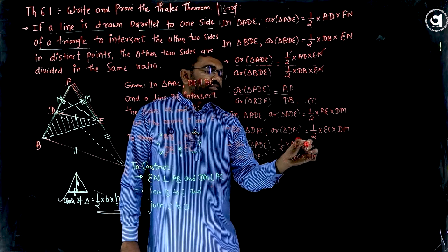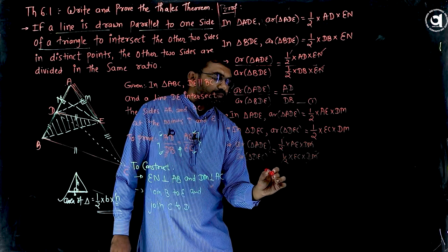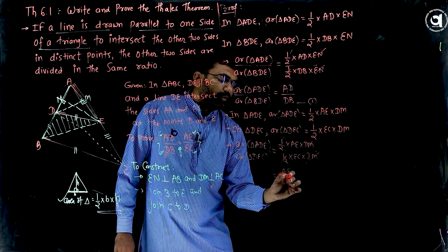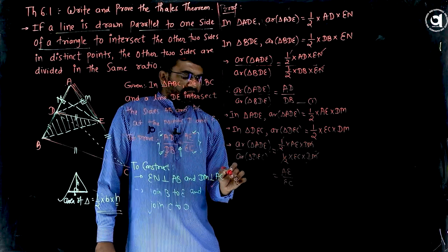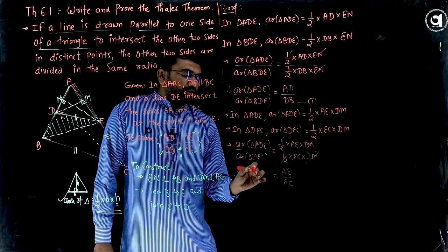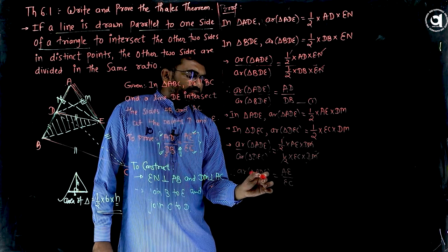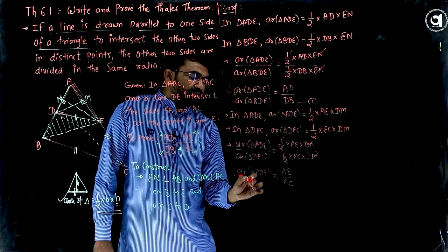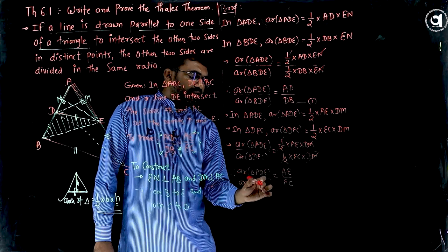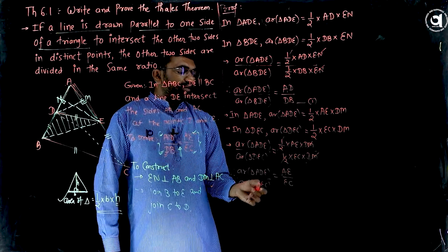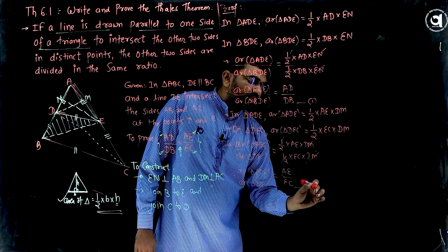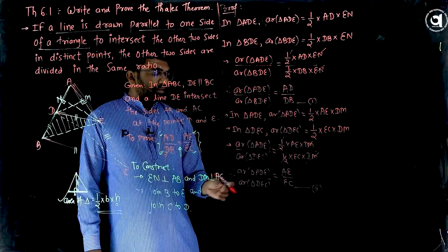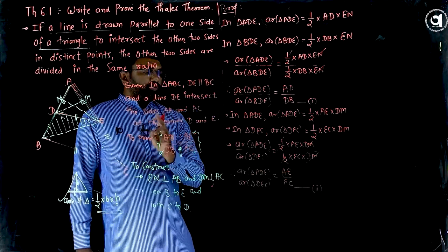DM cancels out, half cancels out. So we get AE upon EC. So the ratio of the areas of triangle ADE and triangle DEC is equal to AE by EC. We give this as the second one.